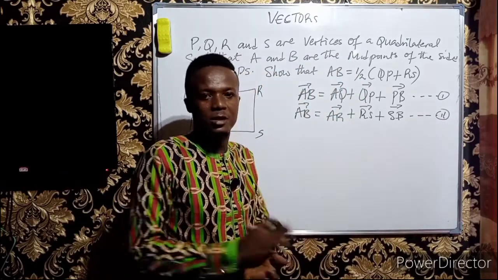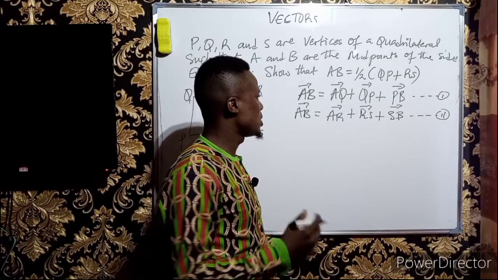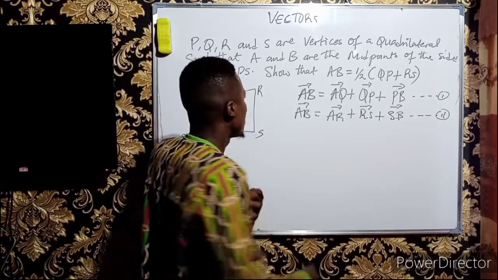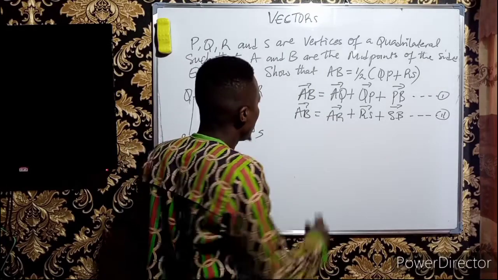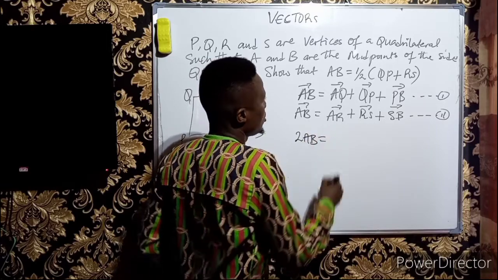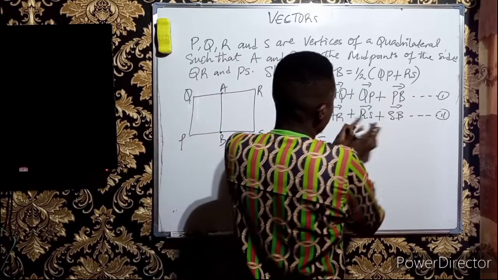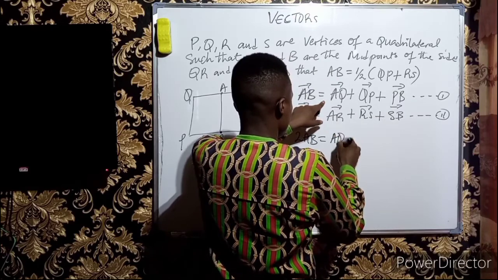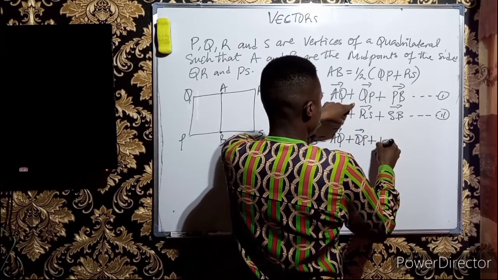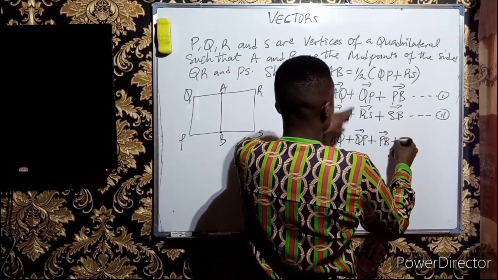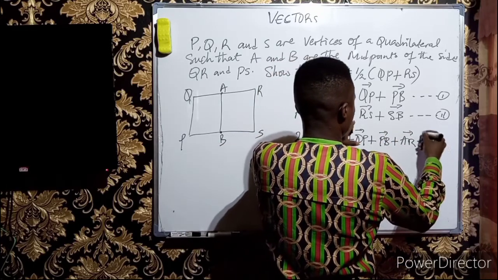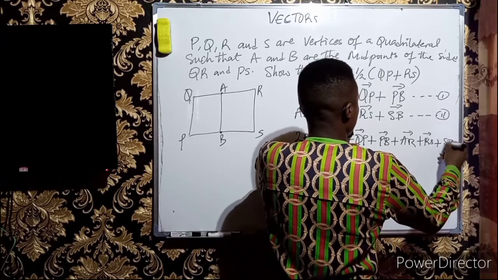So let us try to add the two equations to see if we can get something useful. If I say equation 1 plus equation 2, I'll have AB plus AB, which gives 2AB, equals the sum of everything here: AQ plus QP plus PB plus AR plus RS plus SB.